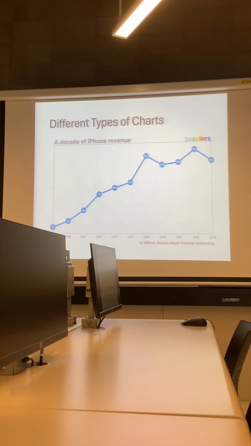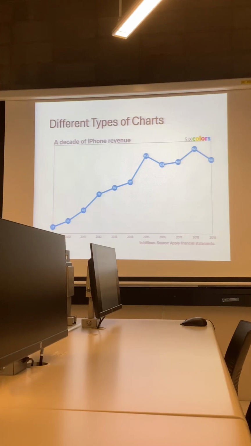How much was the revenue? 165 what? Million, billion, thousand? Billion. So in 2018 iPhone had the highest revenue, 165 billion.